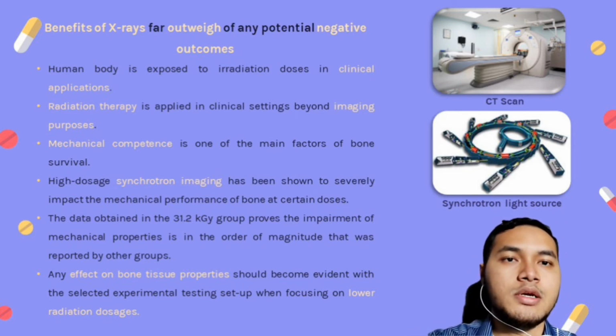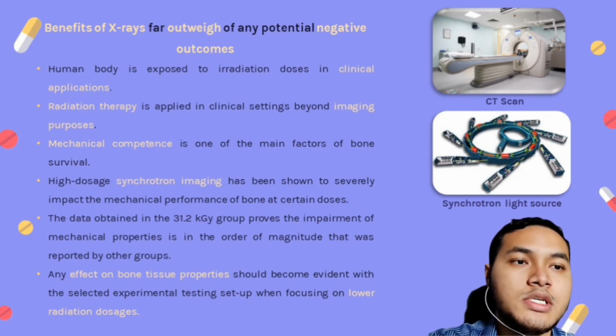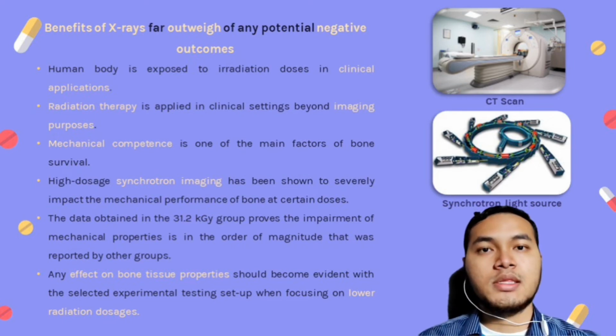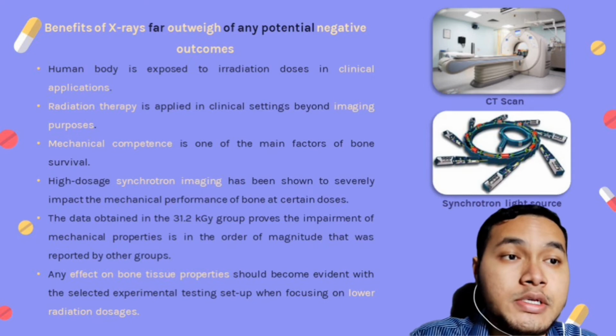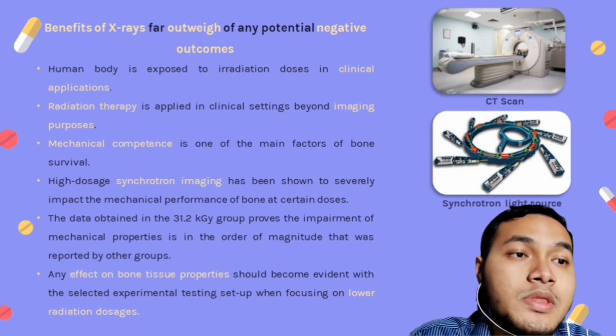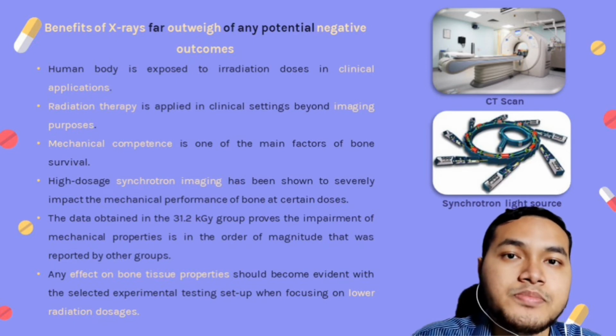By lowering the plastic competence of the bone tissue, high dosage synchrotron imaging has been shown to severely impact the mechanical performance of bone at certain doses. The data obtained in the 31.2 kGy group proves that the impairment of mechanical properties is in the order of magnitude that was reported by other groups.